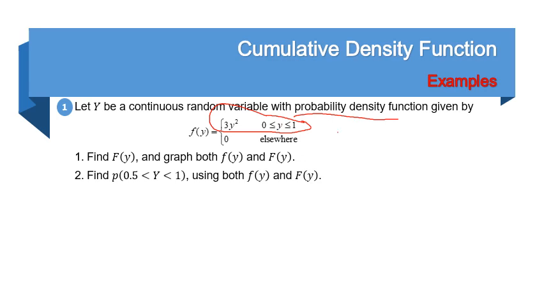And if your y is outside this range, under 0 or over 1, the function itself vanishes, it's 0. The first question here is that he asks for the distribution function, or the CDF. Then we need to graph the function given, which is the probability density function, and the capital F, which is the distribution function.